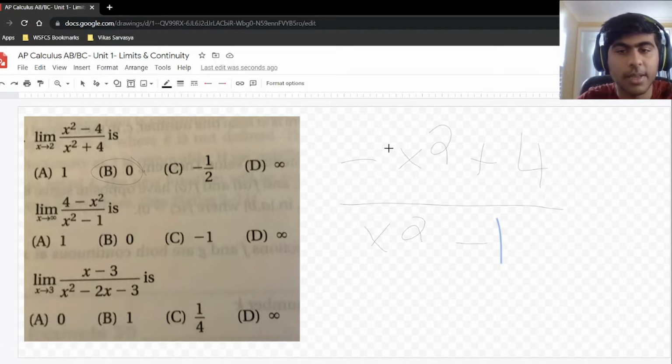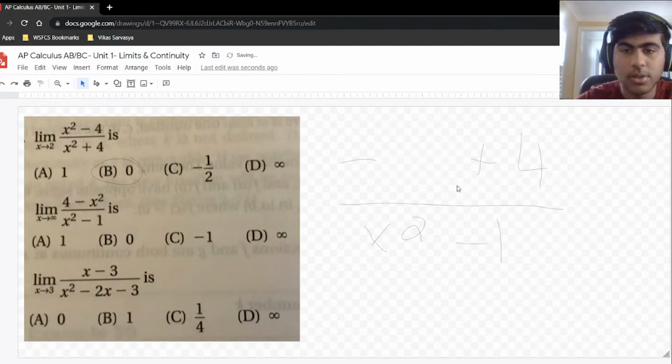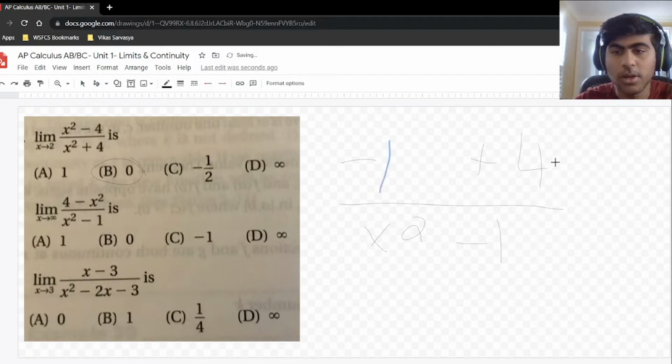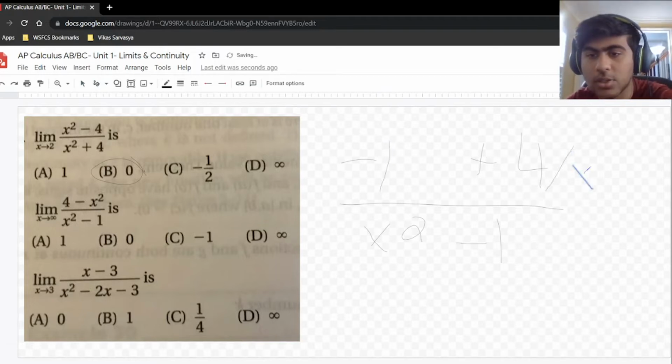This is still the same fraction. If we divide the negative x squared term by x squared, we would end up with just negative 1. And then plus 4, and then that would be over x squared. And so it would be plus 4 over x squared.